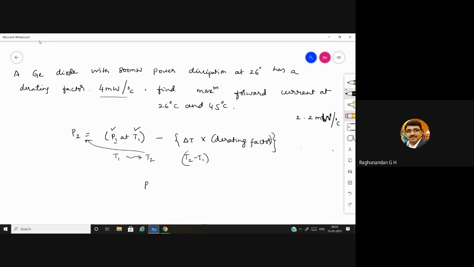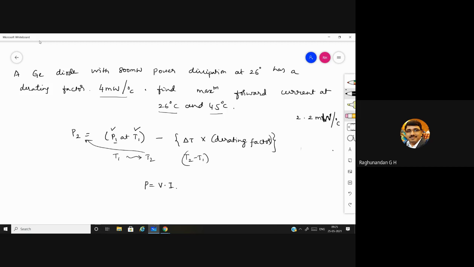For the power, we are having V into I. So if you know the power, you can calculate the current also. Irrespective of the temperature, because the temperature is not having much variation, 26 degrees and 45 degrees Celsius, it doesn't affect the diode to a larger extent.